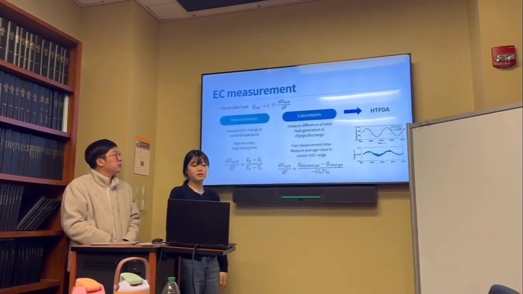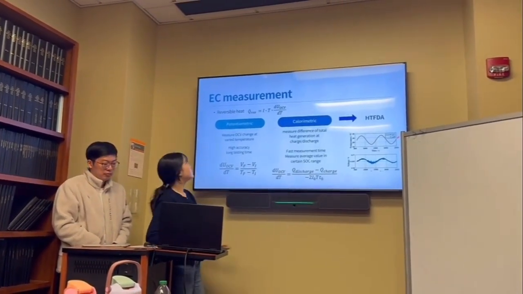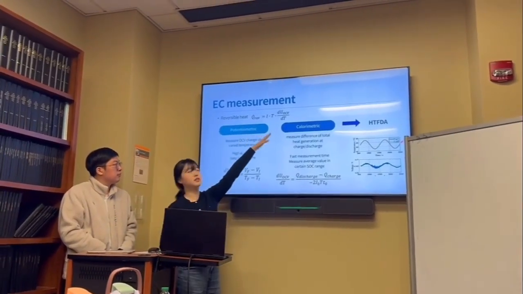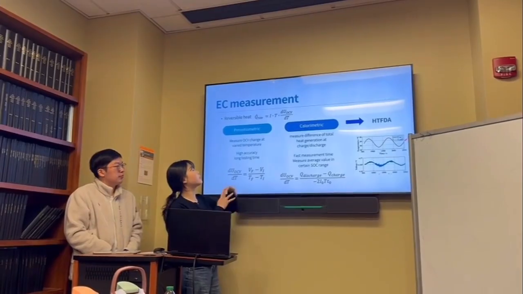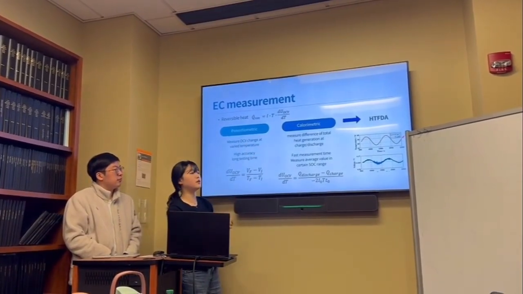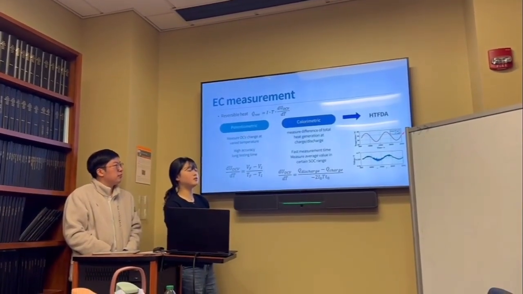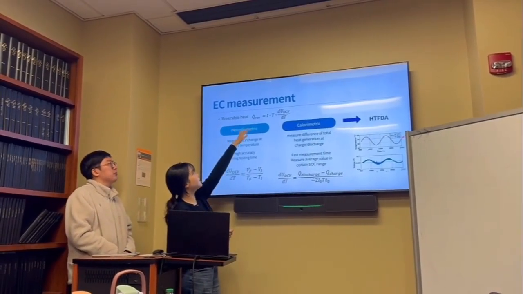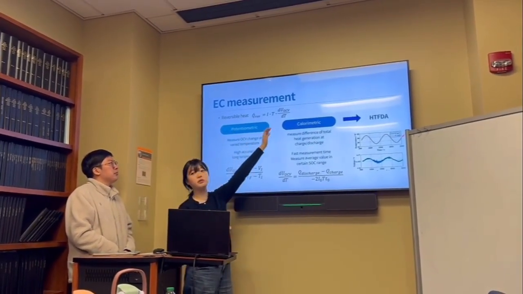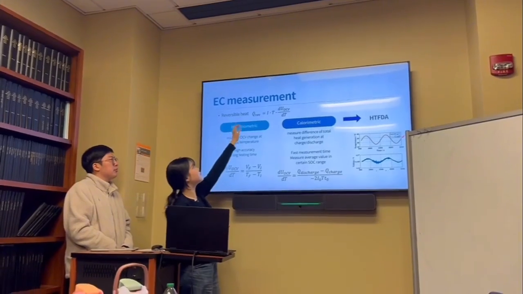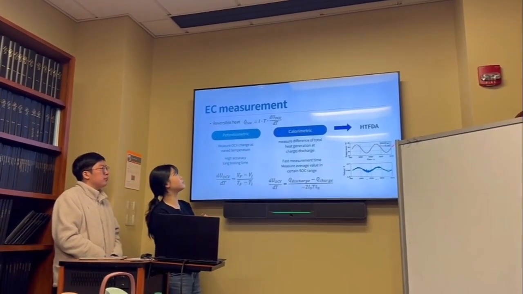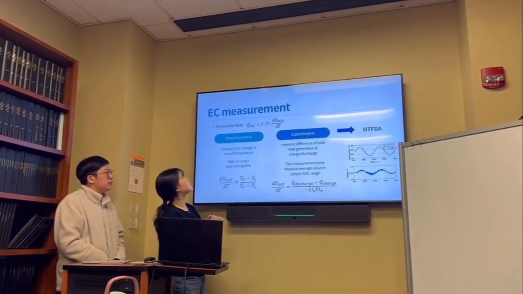Next is about EC measurement. Our reversible heat consists of this term, and we can know our current and temperature from external information. What determines reversible heat is dU/dT, which means the entropy coefficient. There are two methods to measure this EC.